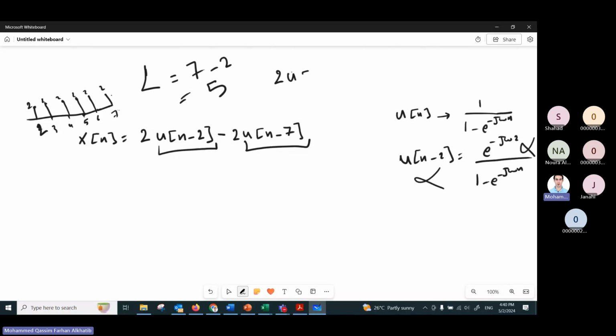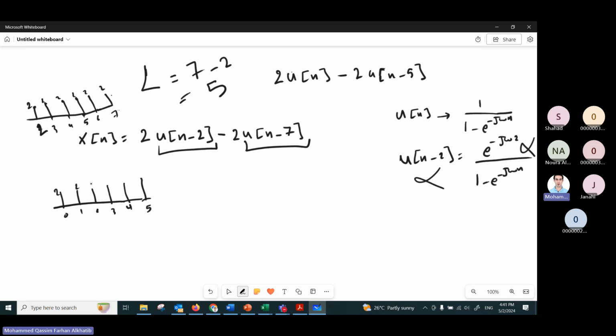2 u of n minus 2 u of n minus 5. If I want to draw this one, I will get like this. At 0, 1, 2, 3, 4, 5.